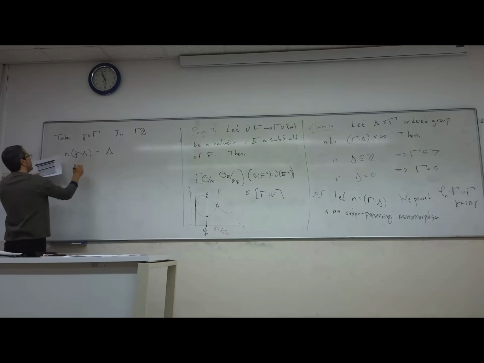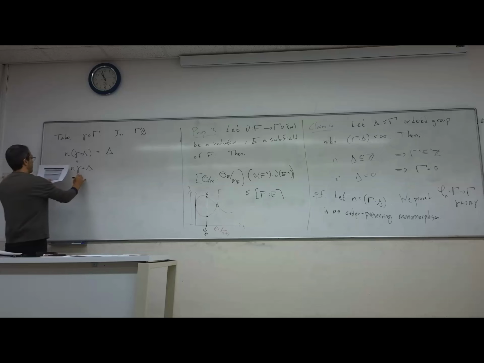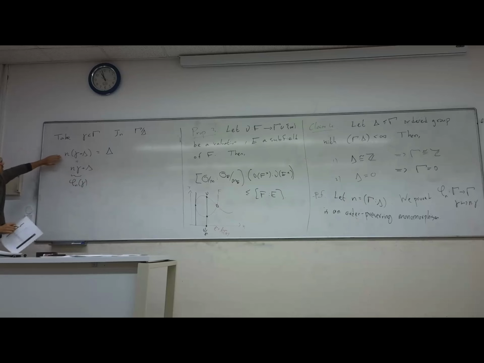So you have this, and this you can write as n times gamma plus delta, right? Because this is how you define addition when you move to quotients. And n times gamma is just another way of saying phi n of gamma. This is how you define the addition when you define the quotient of a group.